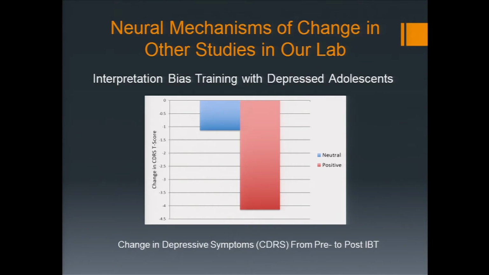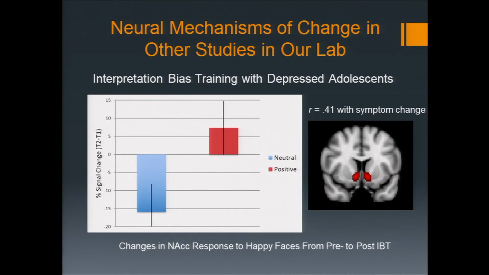And you can see that we're getting clinical effects of training, but as important, we're getting nucleus accumbens response changes. They are showing stronger activations in the reward circuitry to happy faces from pre to post training with the positive training as opposed to the neutral sham training.